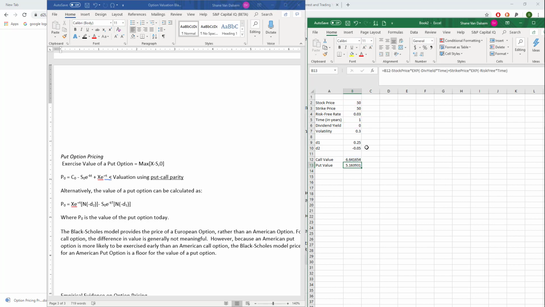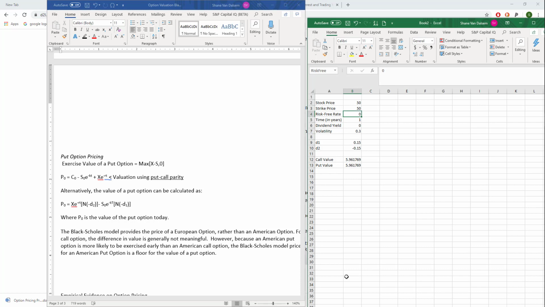Notice that the value of the put is less than the value of the call, which is the case most of the time, especially if there's no dividend. Well, it's the case all the time with no dividend, for an at-the-money call or put. The put will be worth less than the call because there's an expectation, especially if the risk-free rate is positive, that the stock price will trend upwards over time.